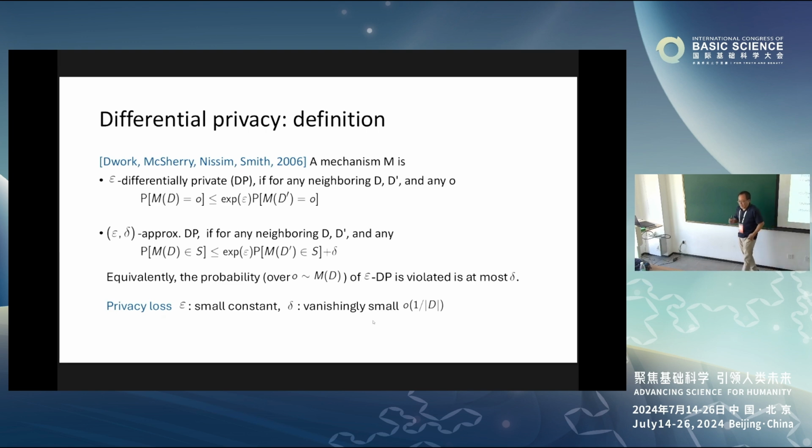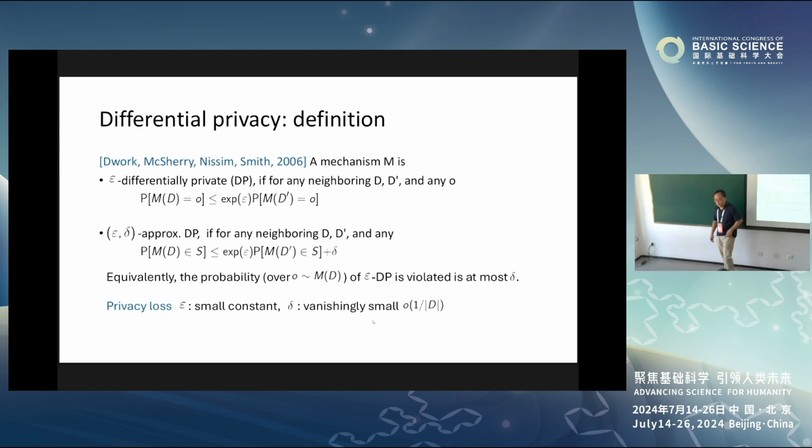It has to satisfy the pure differential privacy notion. Okay, so this is a more flexible, easier to work with notion which I will stick to in the rest of the talk. And here, this epsilon, delta basically measures how much privacy has been leaked, which is also typically called the privacy loss or privacy budget. And epsilon is to be a small constant, and the delta needs to be vanishingly small with respect to the size of the database.